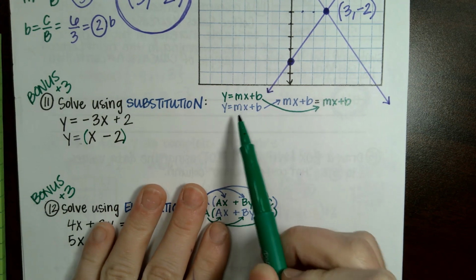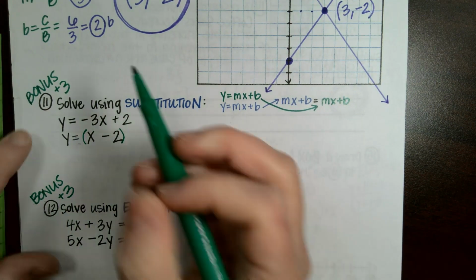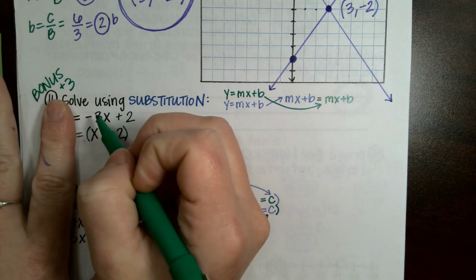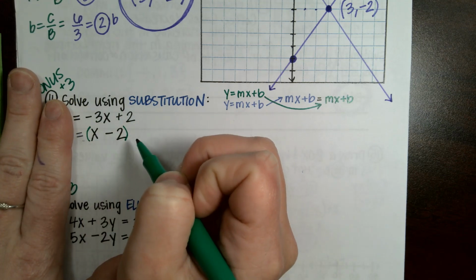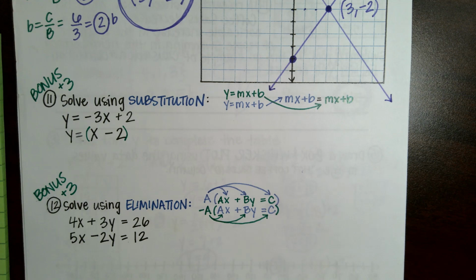Like I said, I've got these written out. Basically what you're going to do is set negative 3x plus 2 equal to x minus 2. Anybody confused about it? You can do either way, right? Yes, either way.